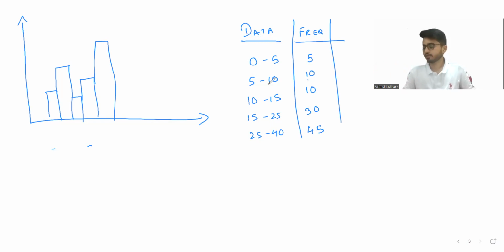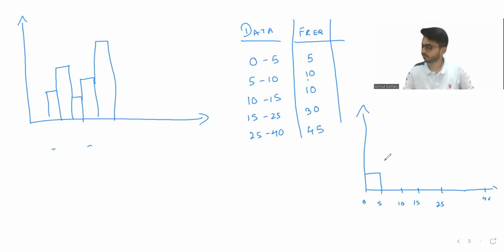Now if we want to plot a histogram, most of you might come up with this. Let's say this is 0, 5, 10, 15, 25, 40. You might plot something like this.